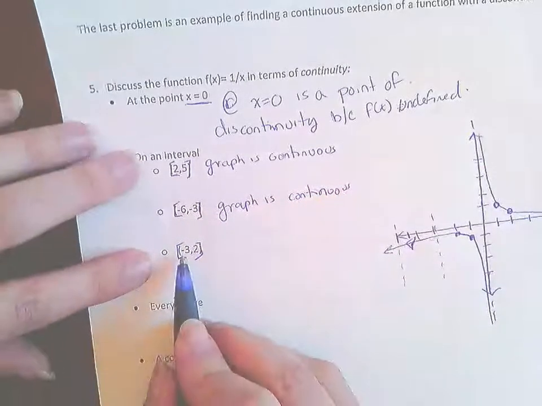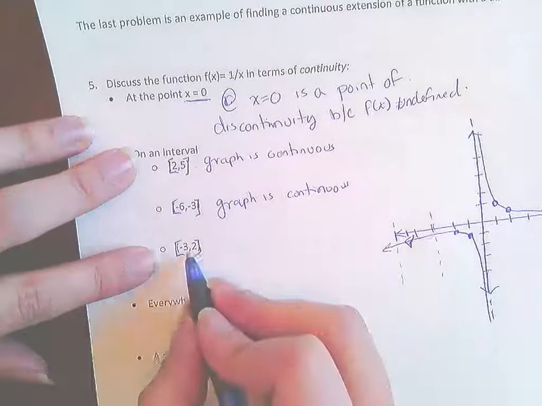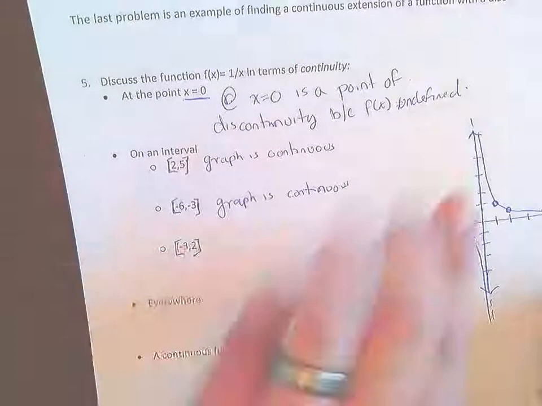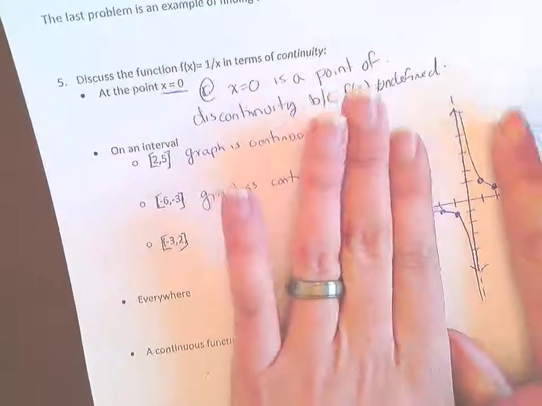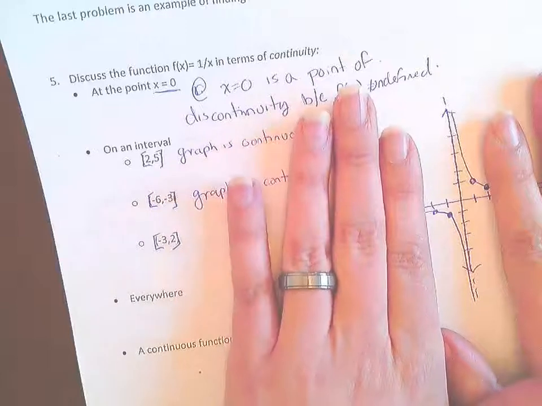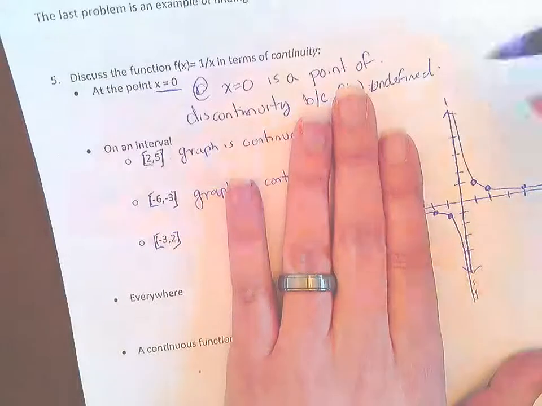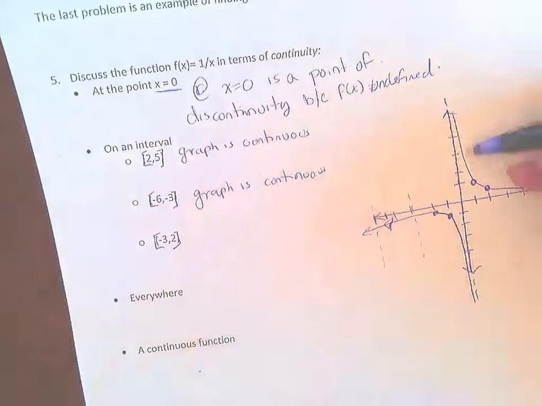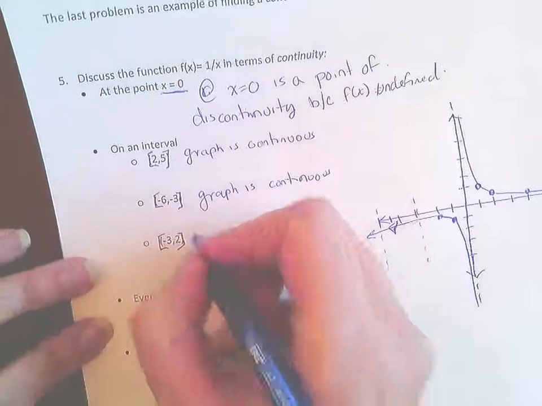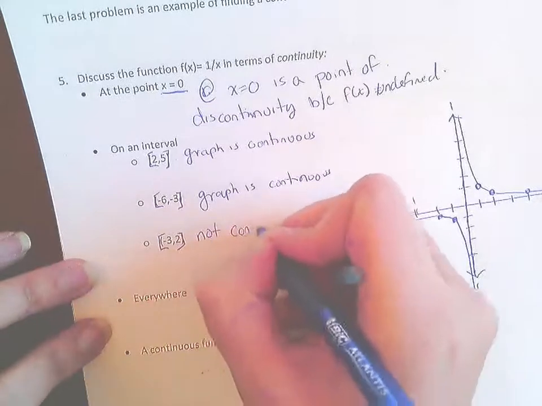But between negative 3 and 2, so between this point and this point, is the graph continuous? Absolutely not, because I physically have to pick up my pen and start up here again because of this vertical asymptote. So it's not continuous.